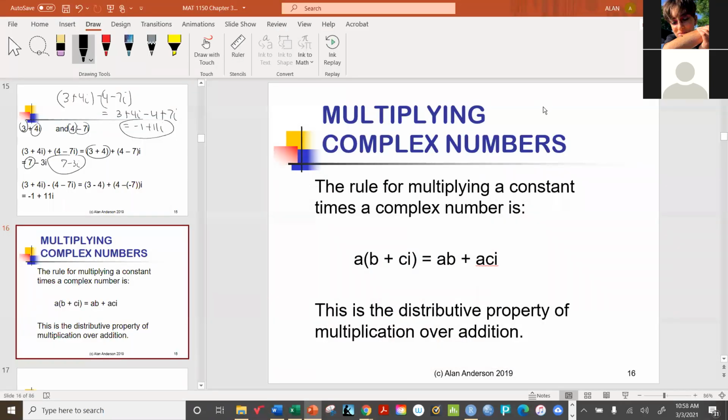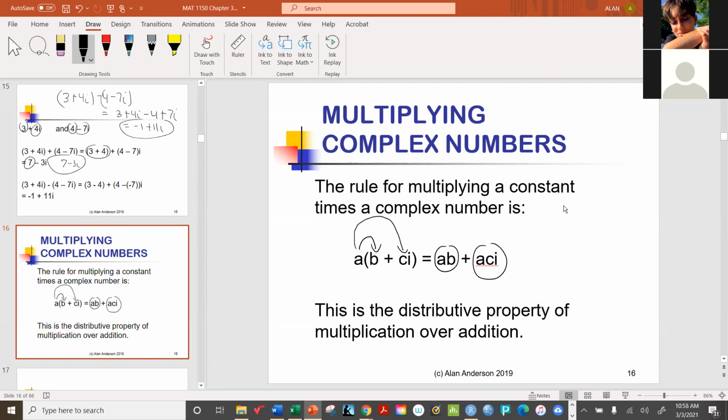All right, now let's get back to the properties of complex numbers, which we now have a much deeper appreciation of. So multiplying them out, we follow the distributive rule of multiplication over addition, just like you would with real numbers. And so we're multiplying a times b to come up with this term, and a times ci to come up with this term.